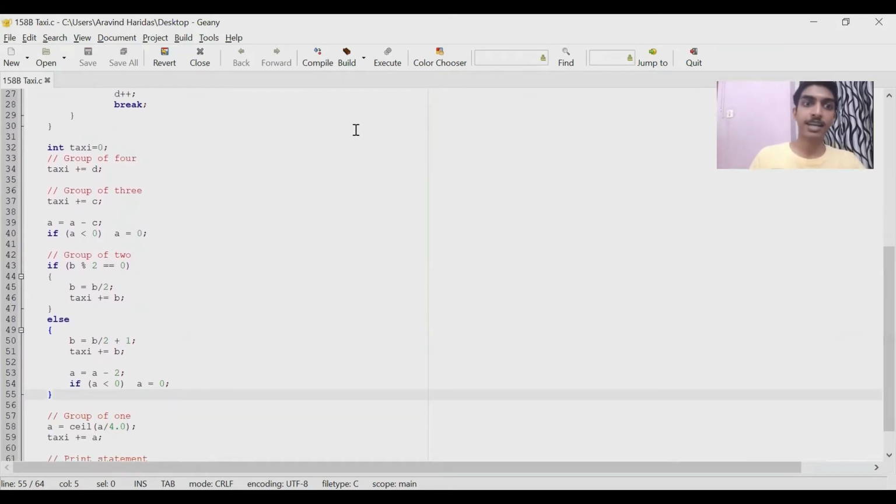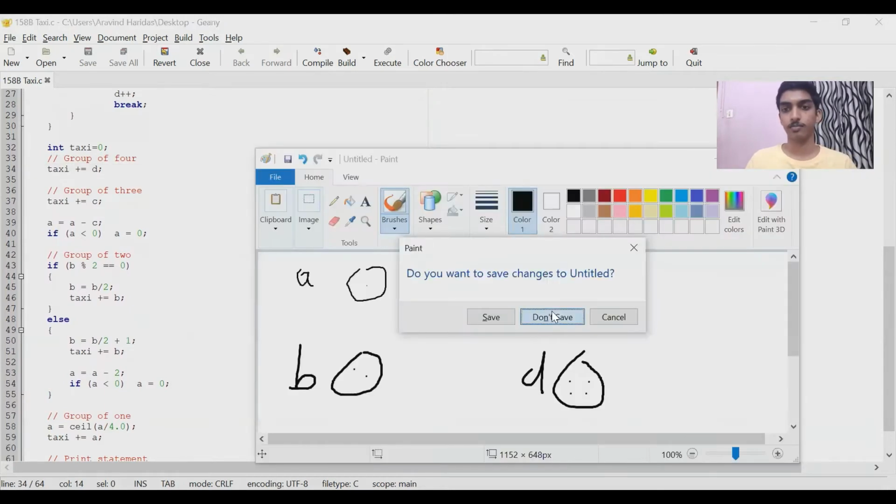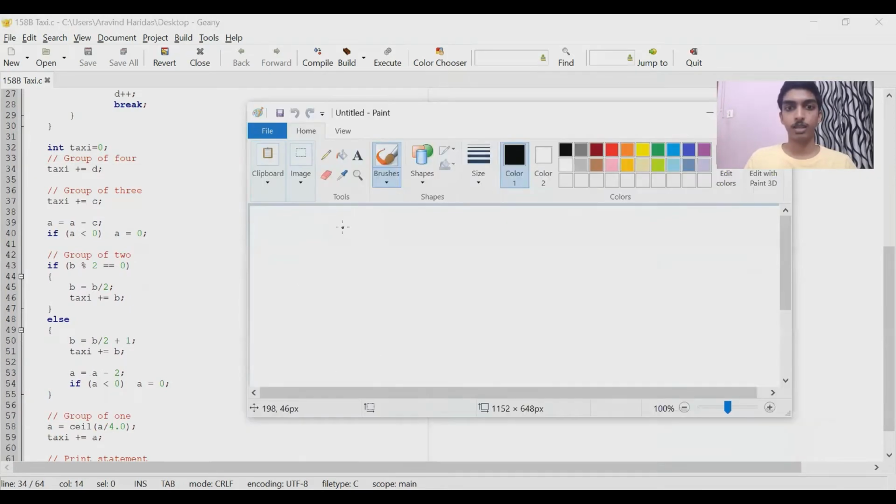Now let's look at this. We have an integer taxi. This is for the total number of taxis that are required. First, let's take a group of 4. Each taxi can hold 4 people.